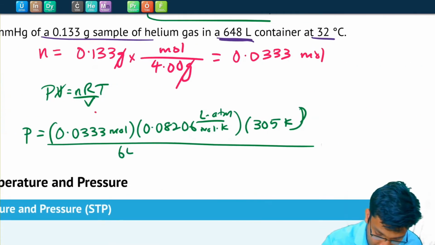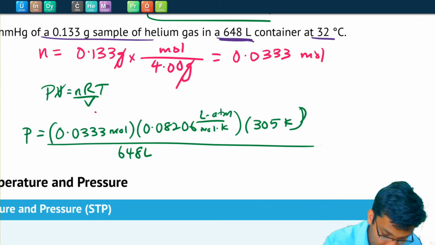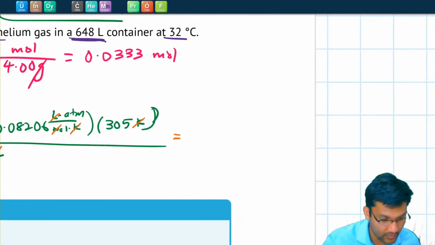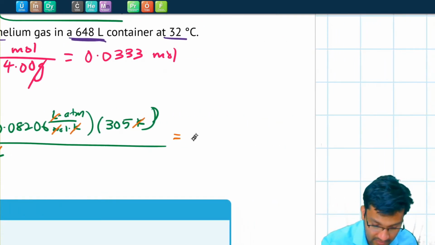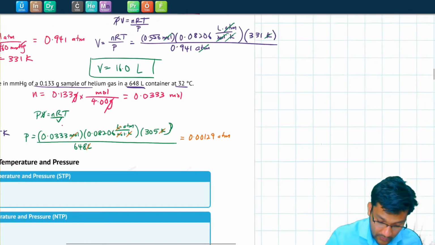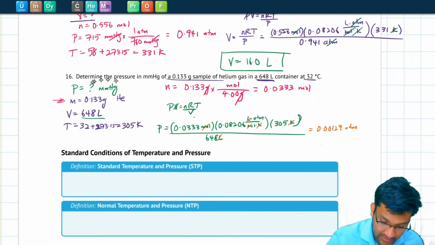So 648 liters. Let's see what cancels out. Liters with liters, moles with moles, Kelvin with Kelvin. We're left with atmosphere, so our pressure would be 0.00129 atmosphere. But we want the atmosphere in millimeters of mercury.